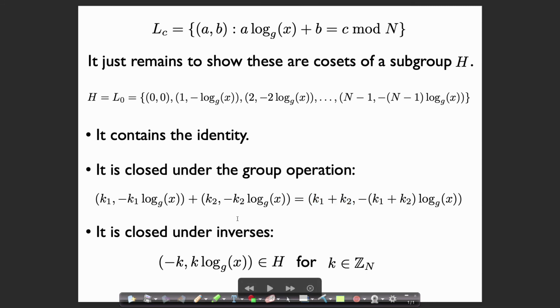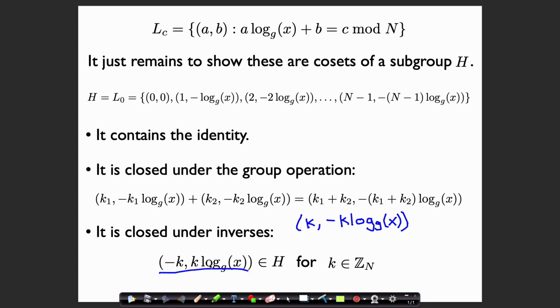We can also see that it's closed under inverses. The inverse of a generic element of L0, which is (k, minus k log base g of x), is just (minus k, k times log base g of x).